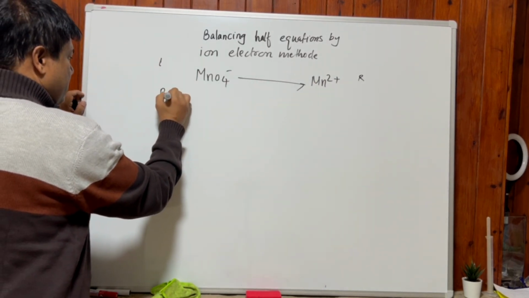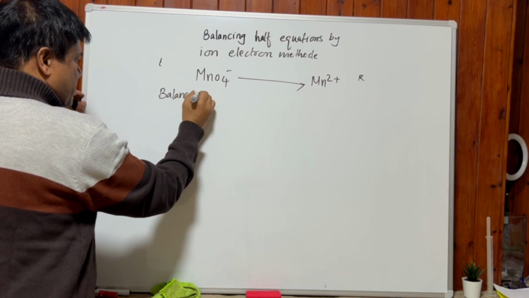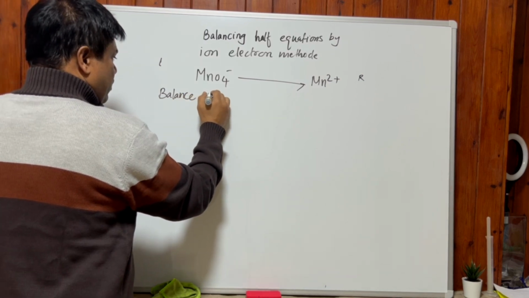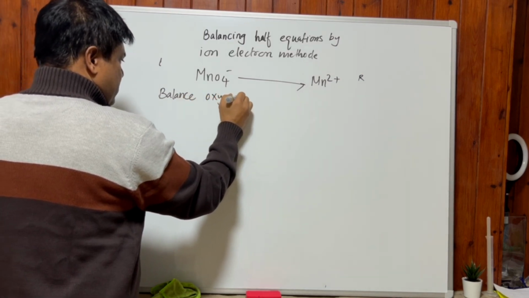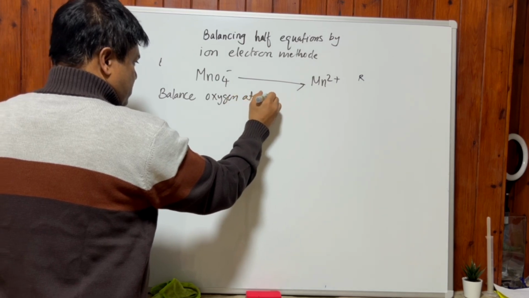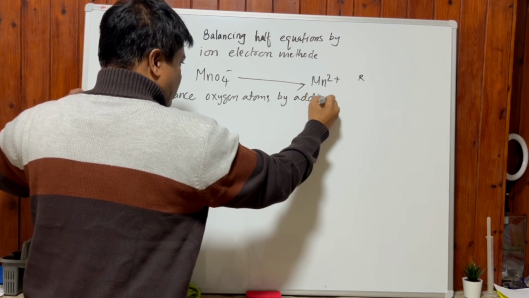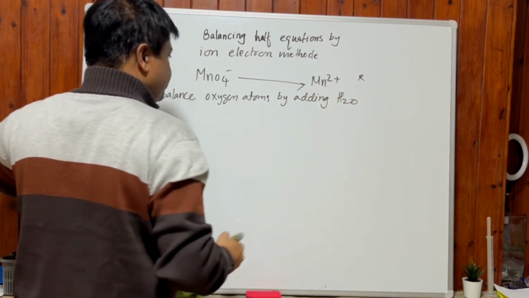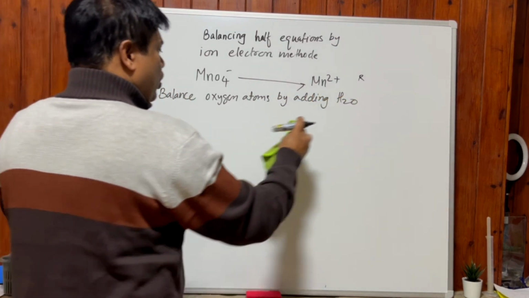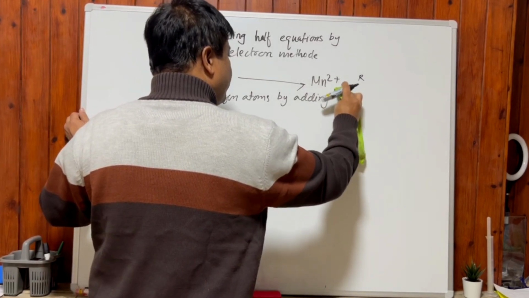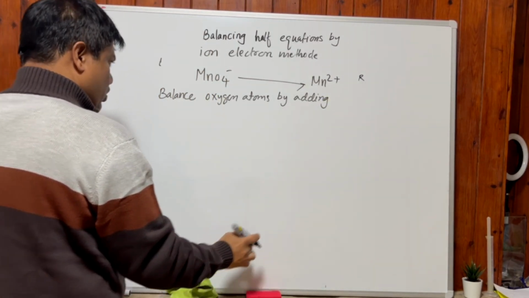Balance oxygen atoms by adding water molecule, by adding H2O. On which side? Where we have no oxygen or less oxygen.